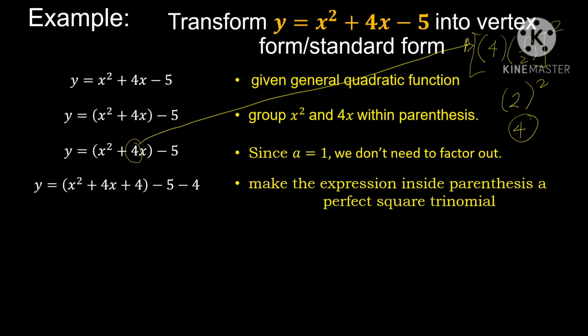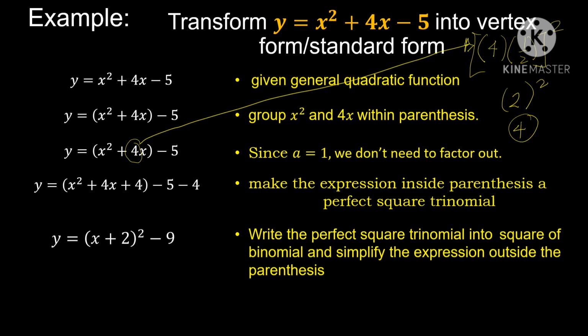Okay? Then we have to express the expression inside the parentheses, a perfect square trinomial, as a square of binomial. So, we have now y equals x plus 2 quantity squared. Then minus 5 minus 4 is negative 9.